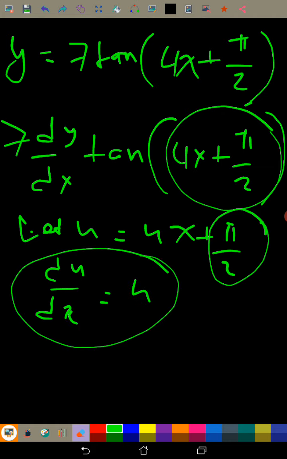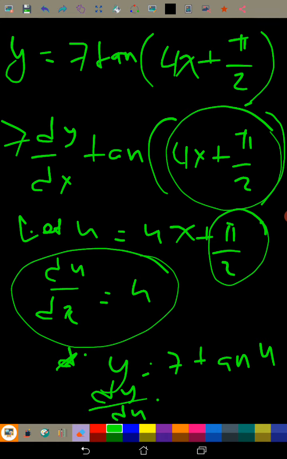And then we have y is equal to 7 tan u. dy by du, we have to differentiate this.